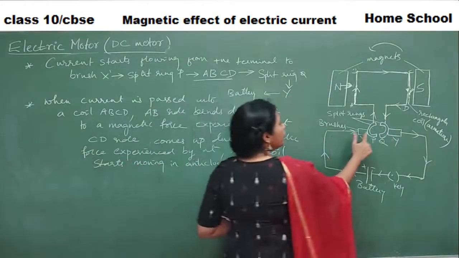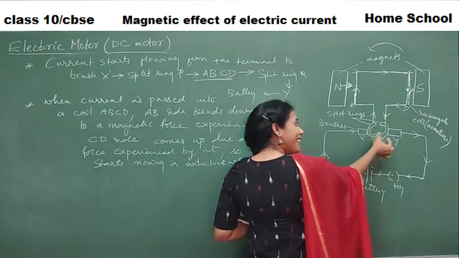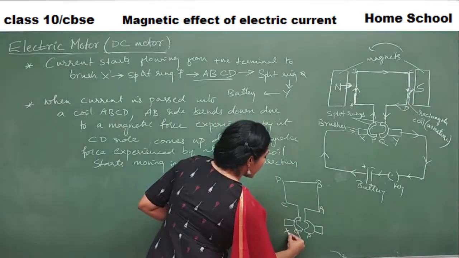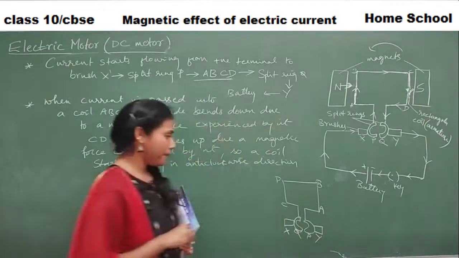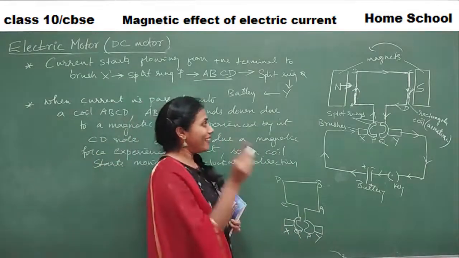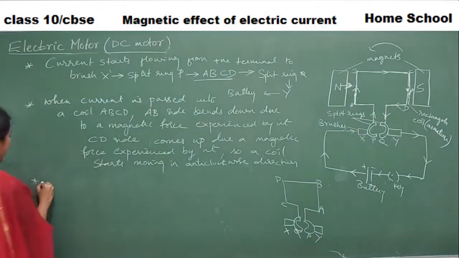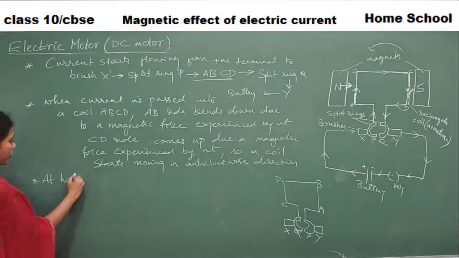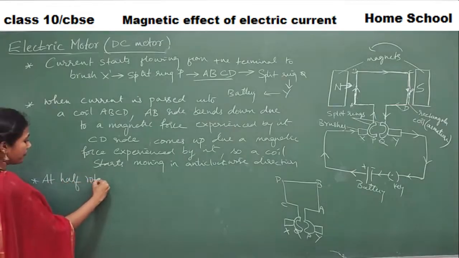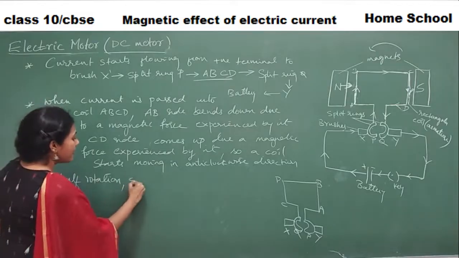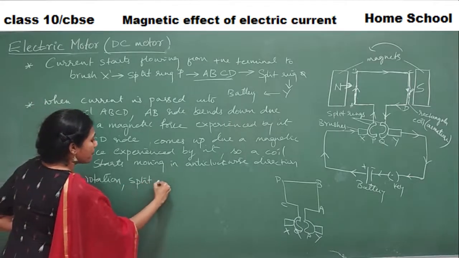So they won't change. Just the split rings' position will change. Clear, everybody? So this is brush X and this is brush Y. So what has happened? At the half rotation, what I would like to write here is: at half rotation, what happens? Split ring.